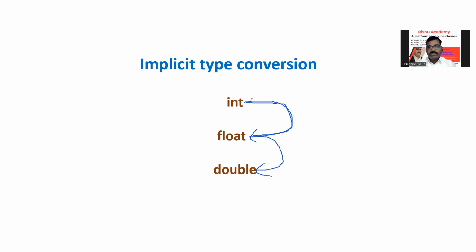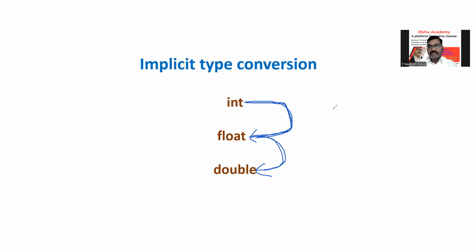That is, I want to convert integer variable into float variable into double variable. This is called implicit type conversion. Implicit type conversion is also called automatic type conversion. The system automatically converts or assigns lower level variable to higher level variable. The lower level variable value will be assigned to higher level variable.